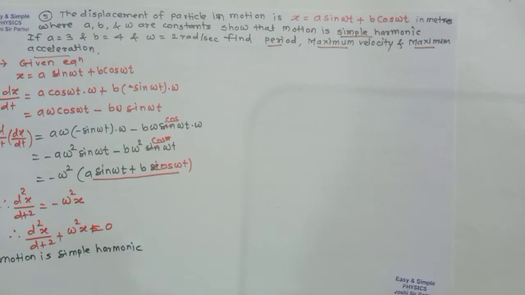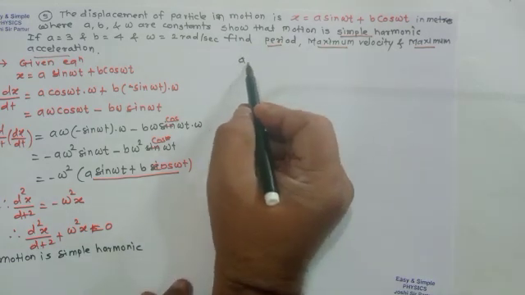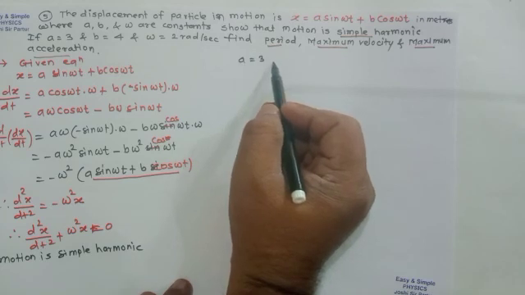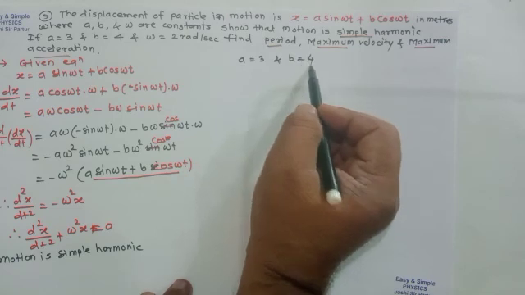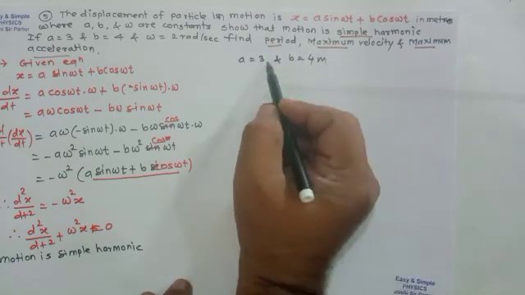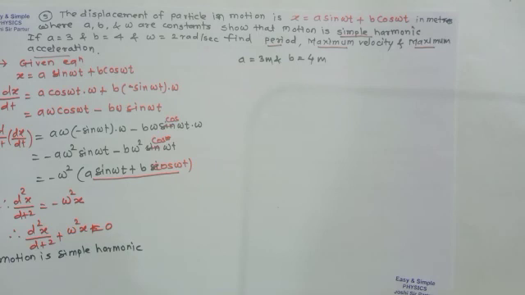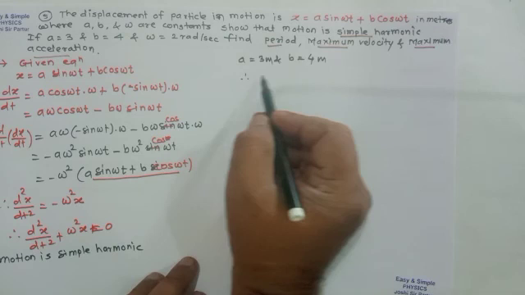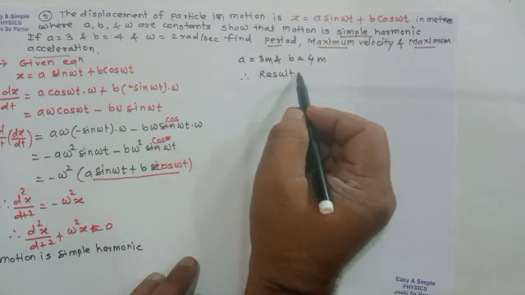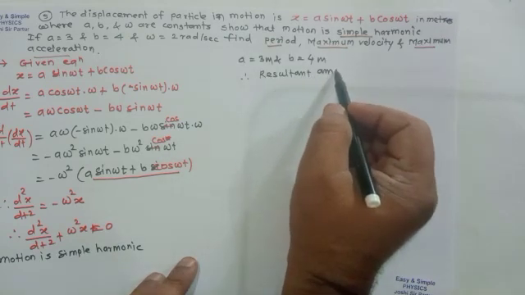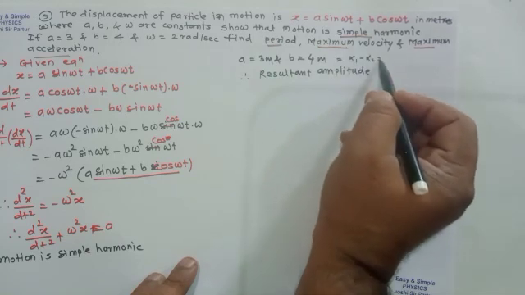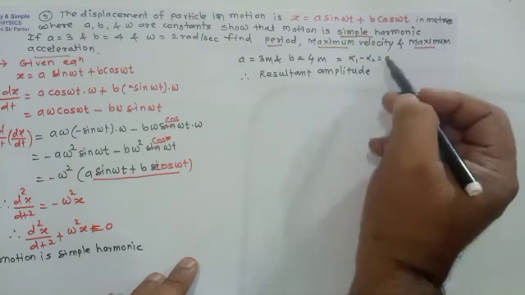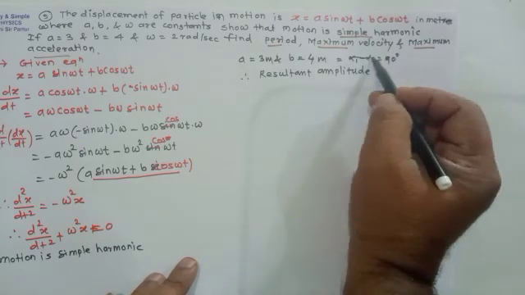If the two amplitudes are there, a equal to 3 and b equal to 4, they are in meter, 3 meter, 4 meter, and we can find out the resultant amplitude. Here the phase difference alpha 1 minus alpha 2 is 90 degrees.